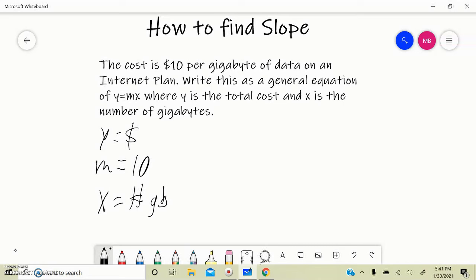So I'm going to have y equals 10x, because I don't know how much total cost it's going to be. I do know my rate, but I don't know the entire number of gigabytes. So that's why I'm going to leave it as y and x.